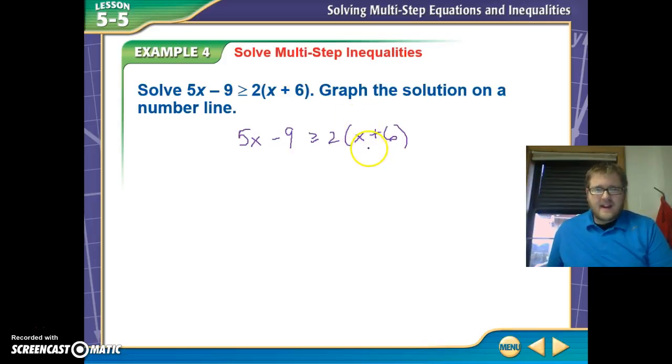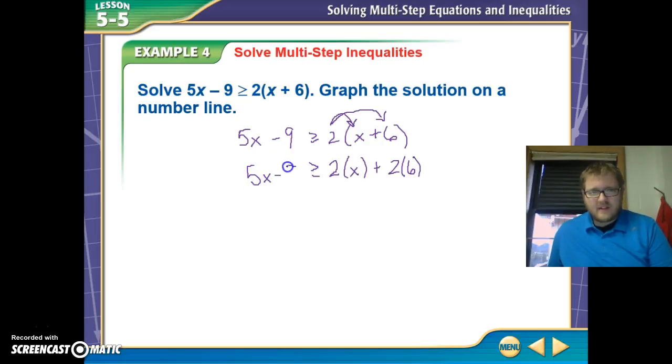Since we can't add x plus 6, we're going to use the distributive property: 2 times x and 2 times 6. And that's still 5x minus 9 on the left. So we essentially have 2x plus 12 on the right, 5x minus 9 on the left.